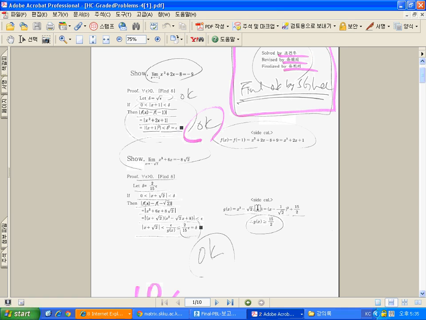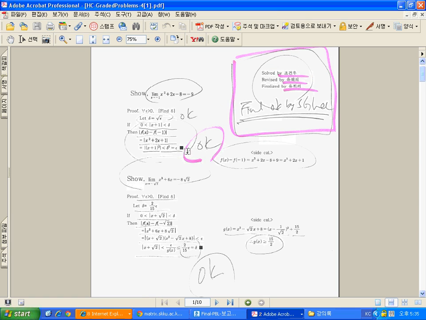Here, what they did was okay. In this case, fortunately, this side calculation shows this was made as a complete square of x plus 1.